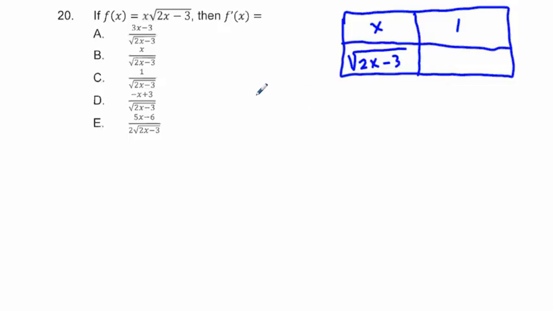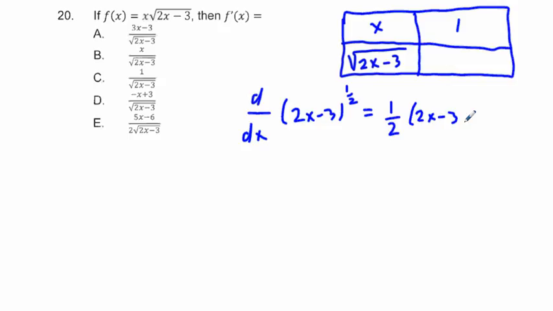Well, to find the derivative of that, d dx of 2x minus 3 to the 1/2 power, we're going to have 1/2, and we're going to have 2x minus 3 to the negative 1/2 power times the derivative of the inside, which is 2.